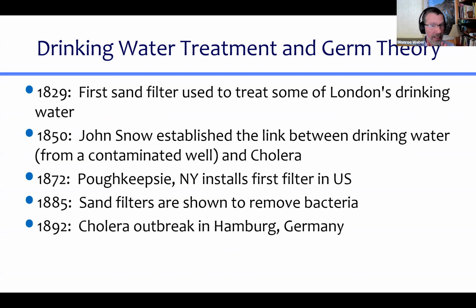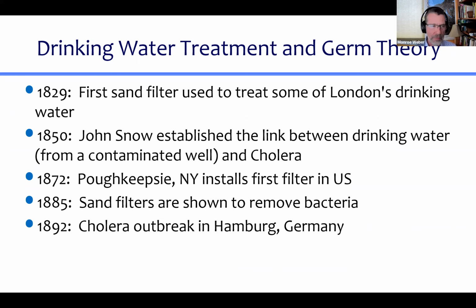It wasn't that we first figured out that there were disease-bearing organisms in water, and then decided to remove those pathogens. No, we had this sense that water was somehow dirty, whatever that meant. And so the first sand filter was used to treat some of London's water back in 1829, which is pre-germ theory.